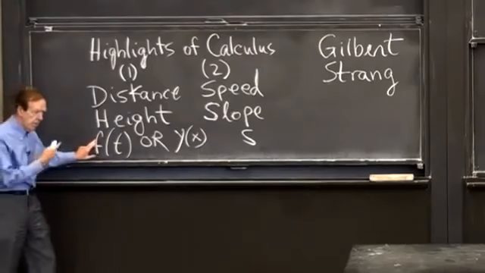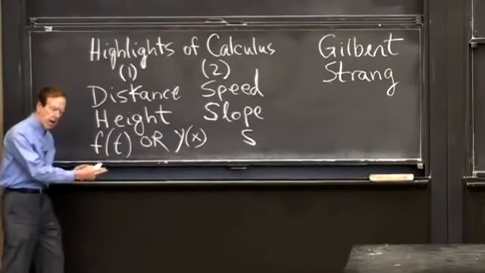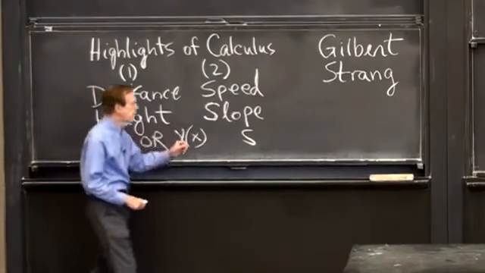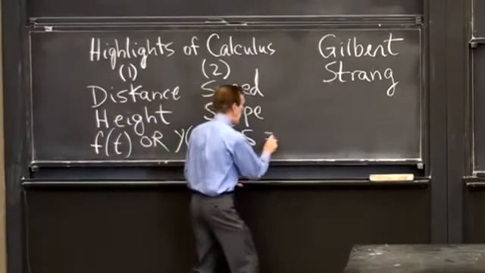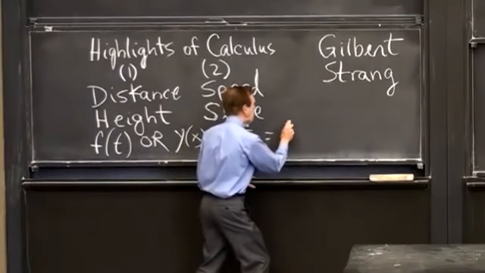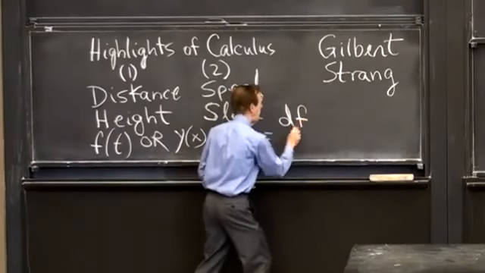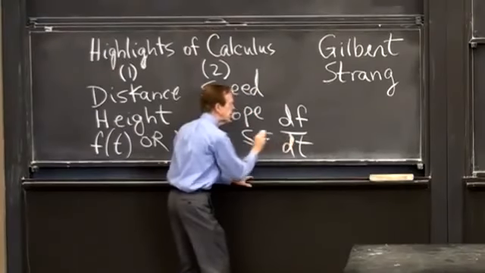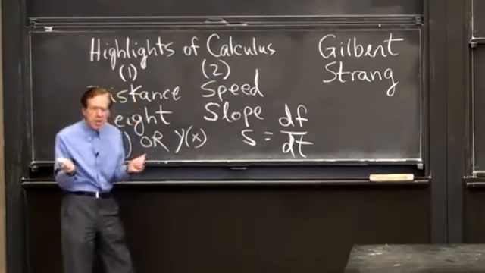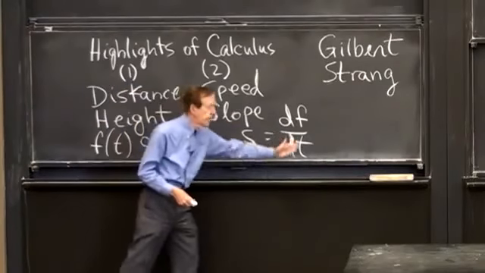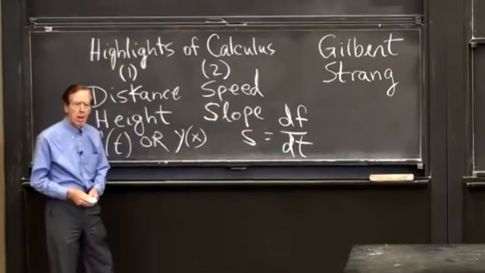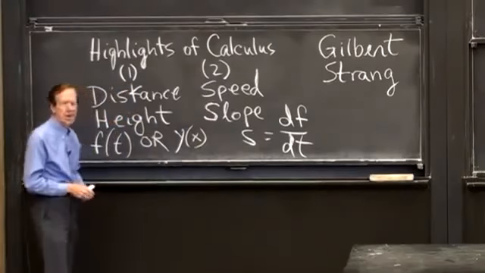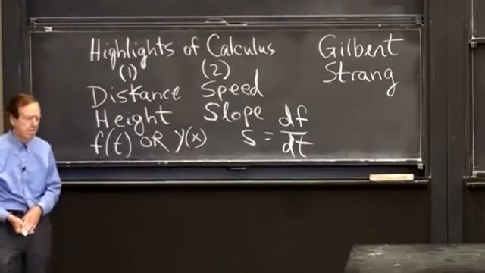If my function is a function of time, the distance, how far I go, then the speed is, the right letters are D F D T. Everybody uses those letters. So let me say again how to pronounce: D F D T. Leibniz came up with that notation, and he just got it right.